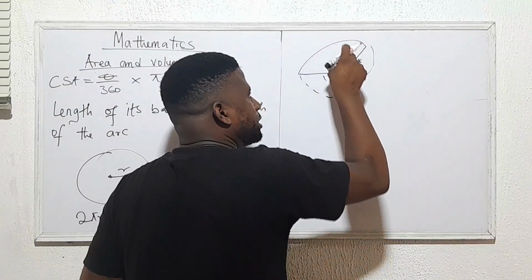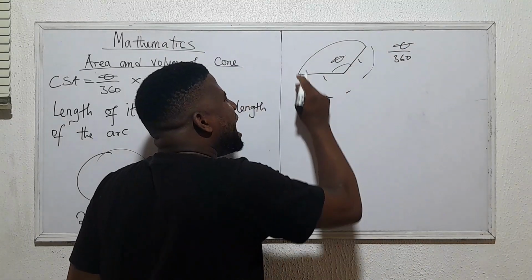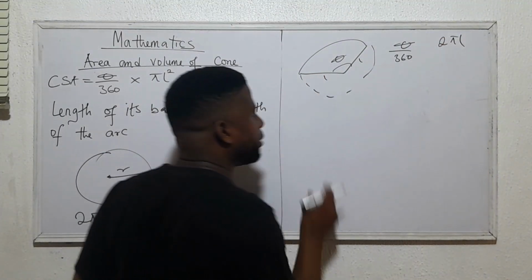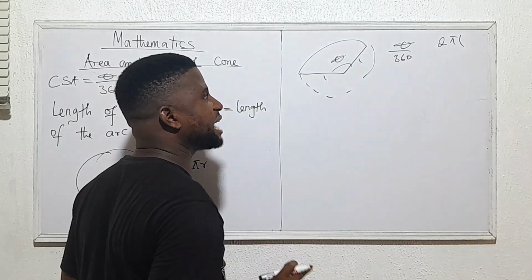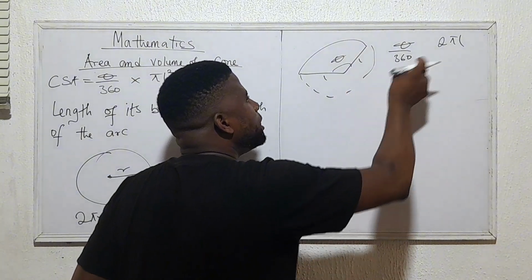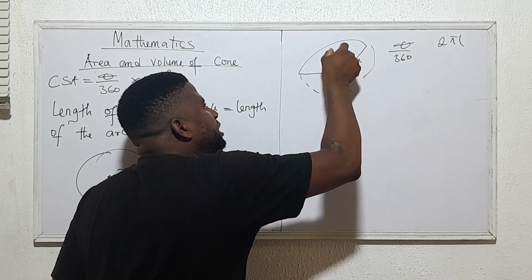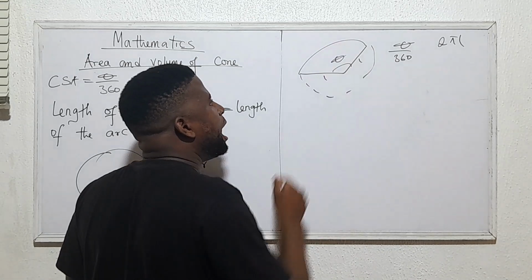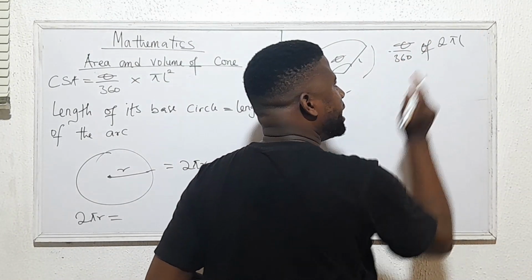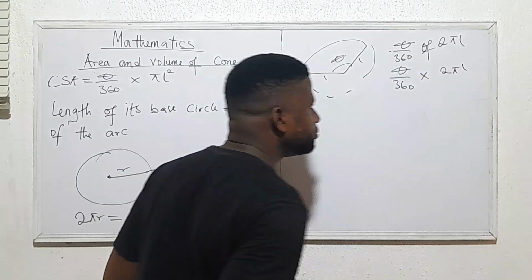Now, remember that the portion of this arc is theta over what? 360. The total length of this full circle normally is 2 pi L, right? L as the radius, which is our slant height. If the total length of this circle, which is the circumference of this circle, is 2 pi L, it means that the length of the portion of this arc, that is the length of this arc, out of the full circle will be theta over 360 of 2 pi L, which is the same thing as theta over 360 times 2 pi L, right?